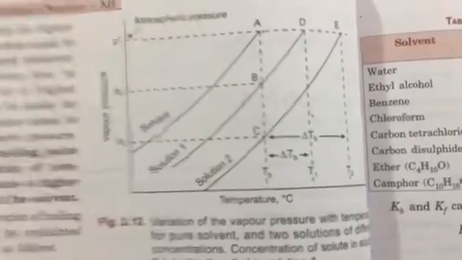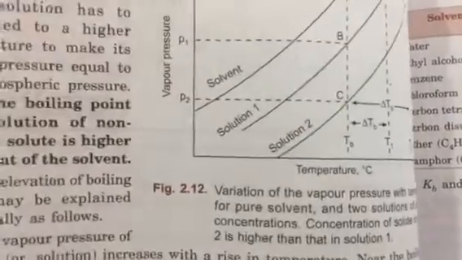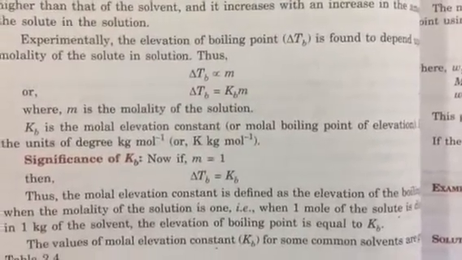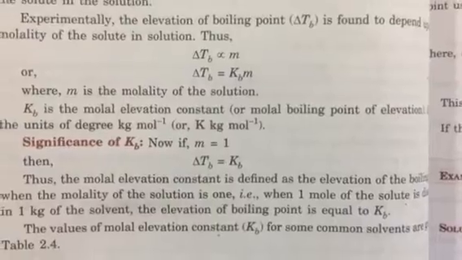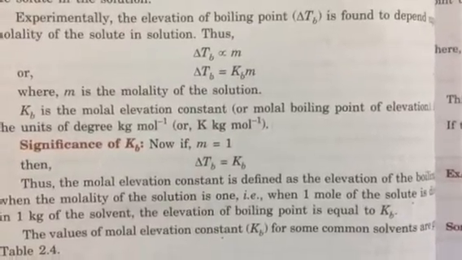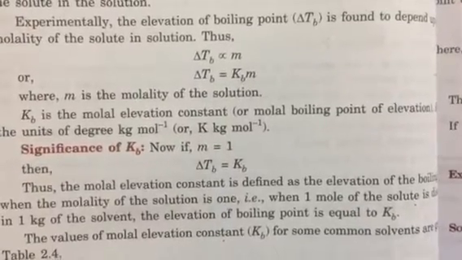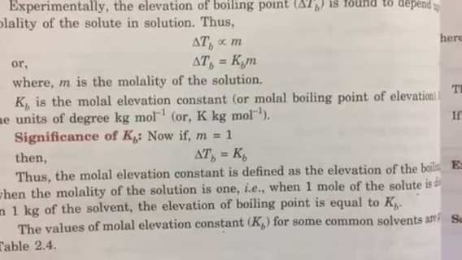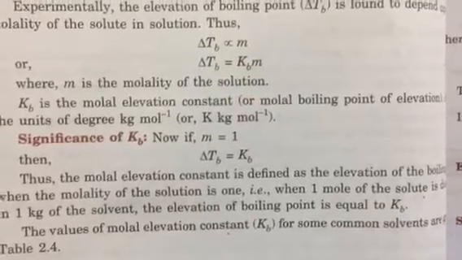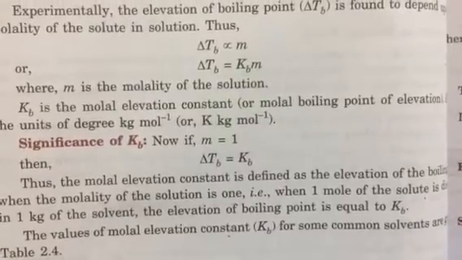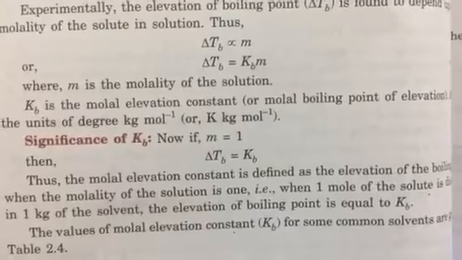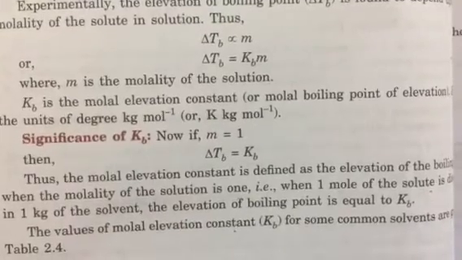So next we have a derivation corresponding to the elevation in boiling point. It is clearly mentioned that delta TB is directly proportional to molality of the solution. Now you all know that molality is given mass upon molecular mass, into 1000 upon mass of solvent in grams.